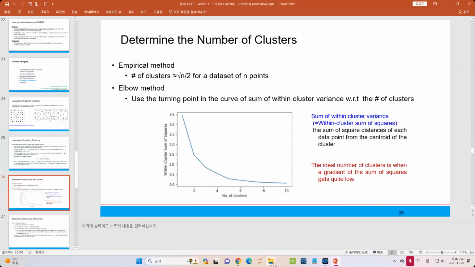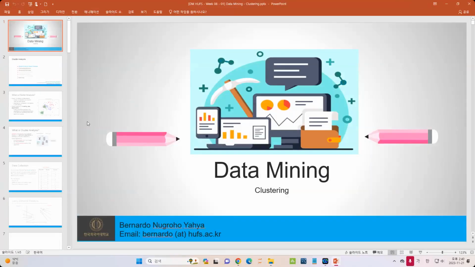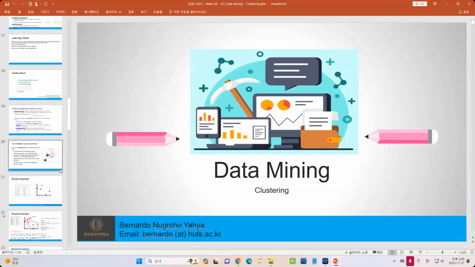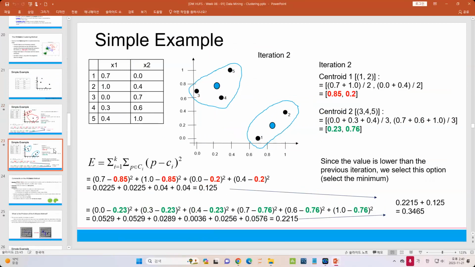Let me open this. If you still remember in this example, what is the sum of squared error? This one. And in this example, what is the sum of squared error? This one. So we want to find the minimum when k equals 2.